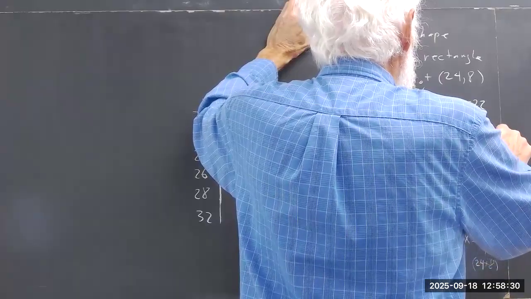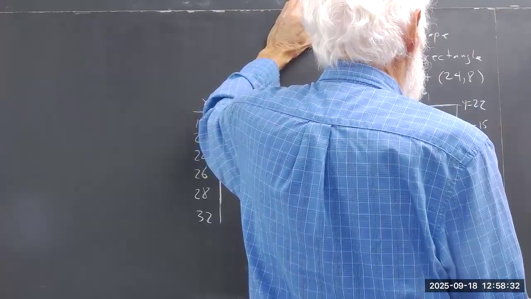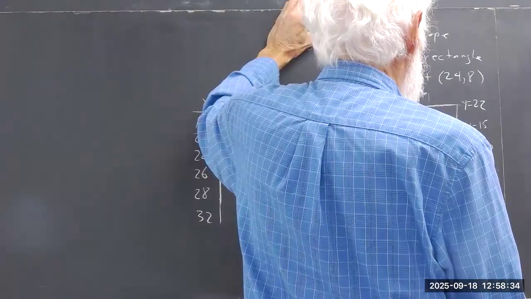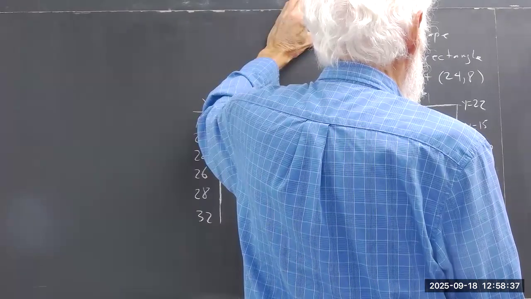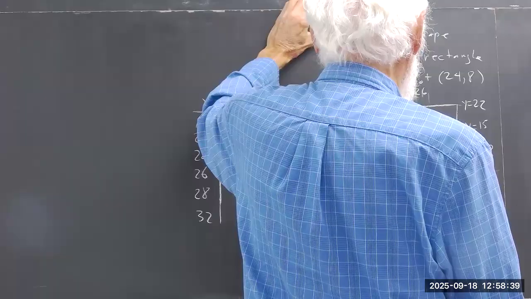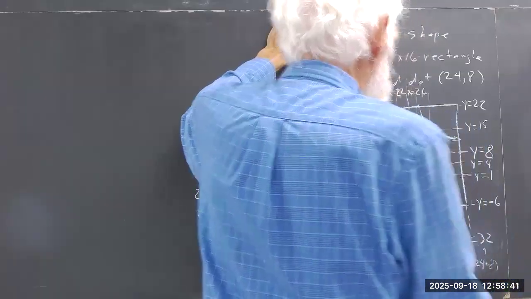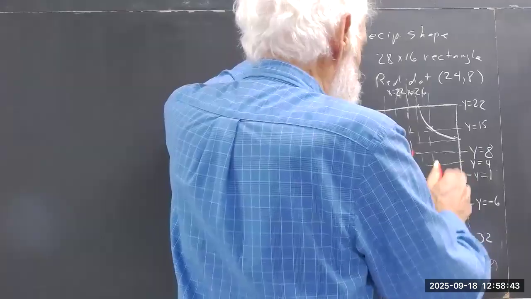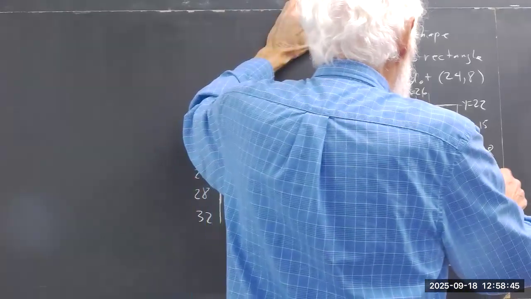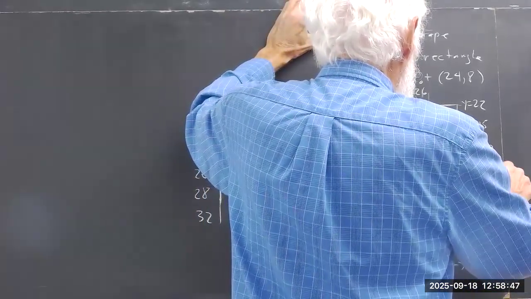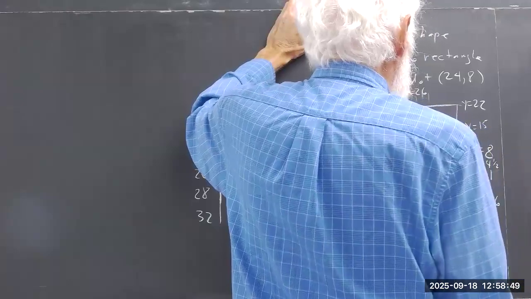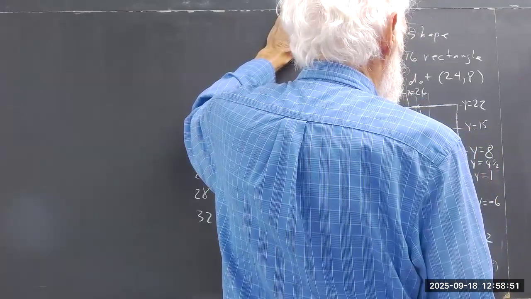And halfway between 8 and 15 isn't, wait a minute. That's 14 units. So that's got to be 7 units. Actually, then this is 4.5.